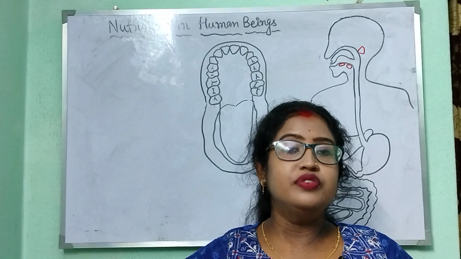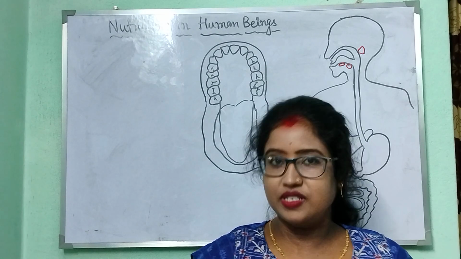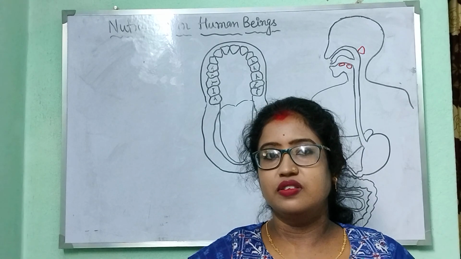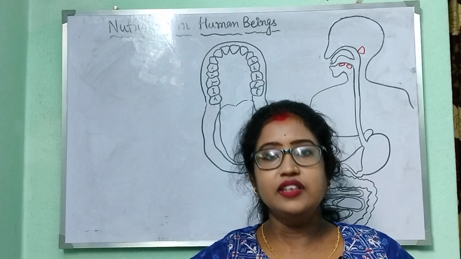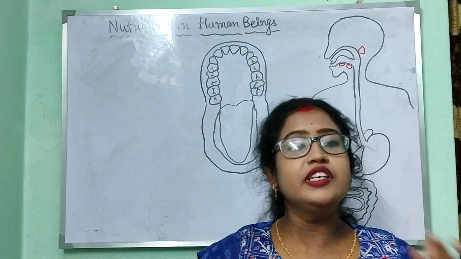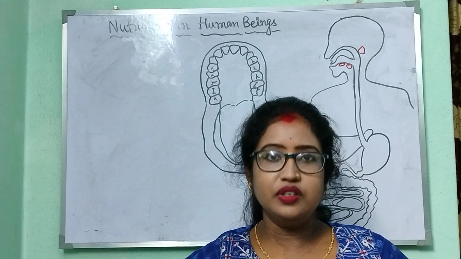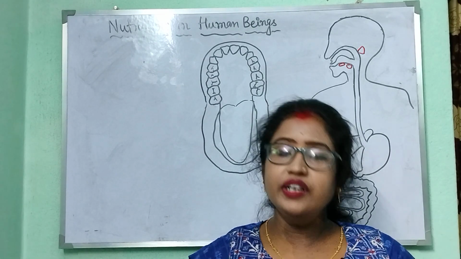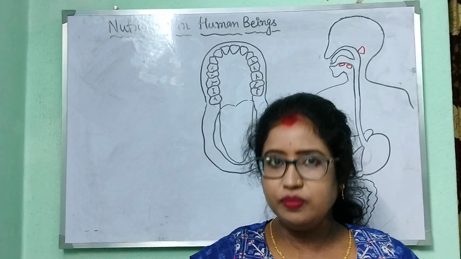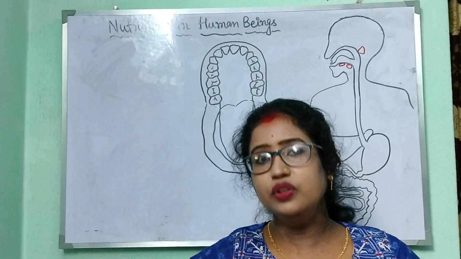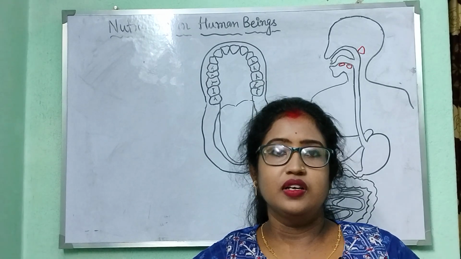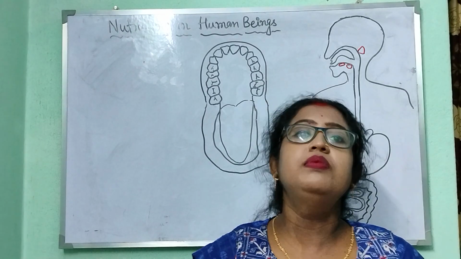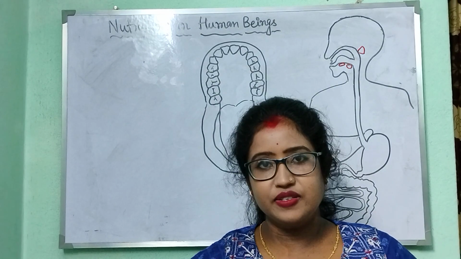They have a well-developed digestive system because humans eat complex food, and after eating the complex food, the food is broken down into simpler forms so that the simple form of food can be easily absorbed by the cells.